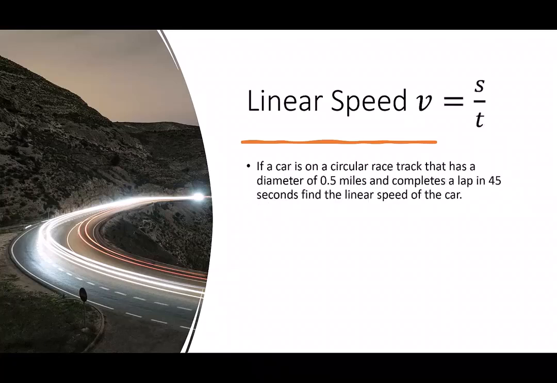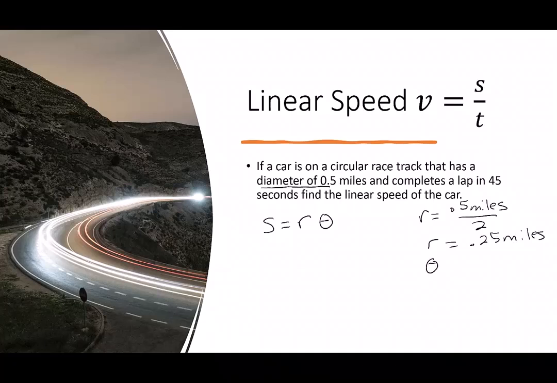Let's say a car is on a circular racetrack that has a diameter of 0.5 miles and completes a lap in 45 seconds. Let's find the linear speed of the car. So to find v, we first need to know what s is. S is equal to r times theta. Notice it says the diameter is 0.5, which means the radius is 0.5 miles divided by 2, which is 0.25 miles.